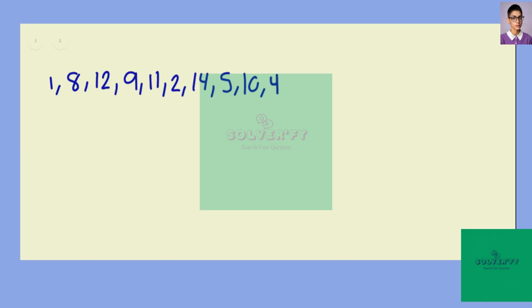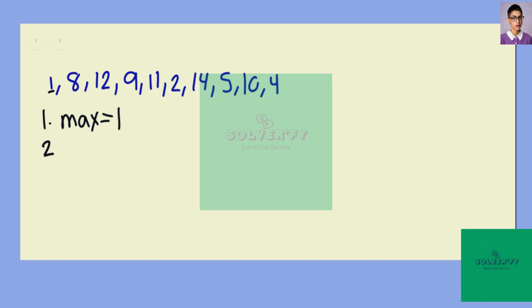So the first step of our algorithm is to set maximum. So perhaps we should number it, step 1. It's going to be to set the maximum equal to the first element in our list. And in that case, it's equal to 1.